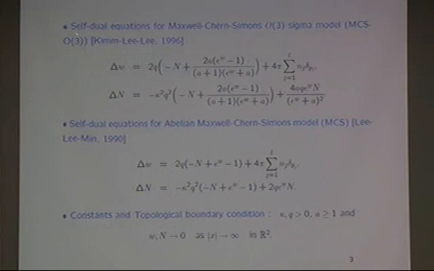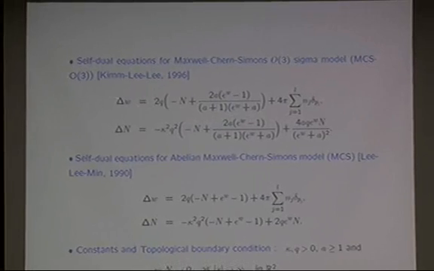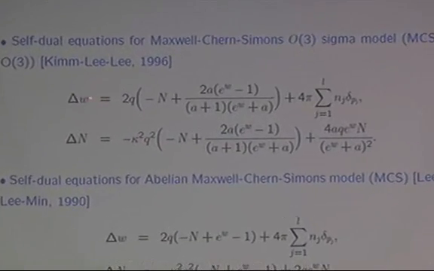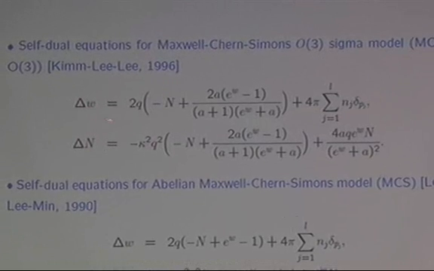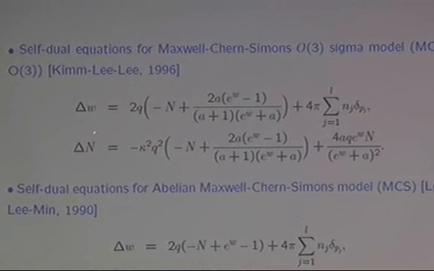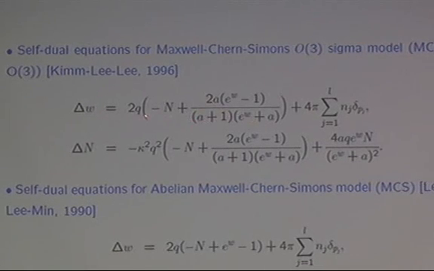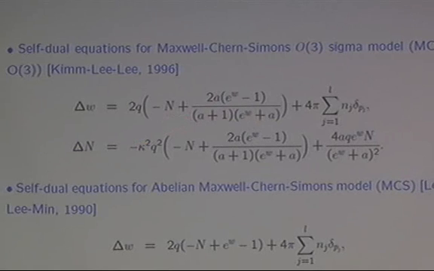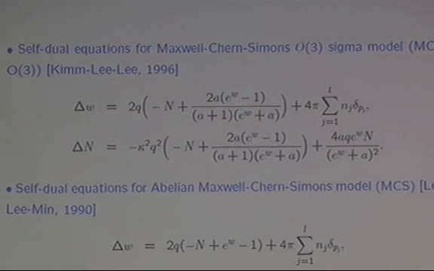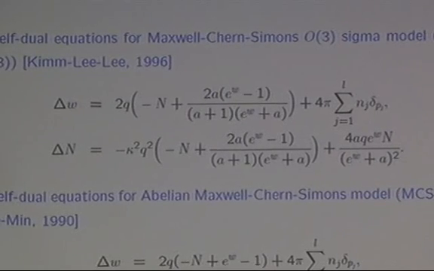The self-dual equations for the Maxwell-Chern-Simons O3 sigma model can be written, after some changes of variables, as this system in R2. We briefly write MCS O3. Here omega and n are real-valued functions defined on the plane, and the coefficients A, q and kappa are positive, and A is bigger than or equal to 1.